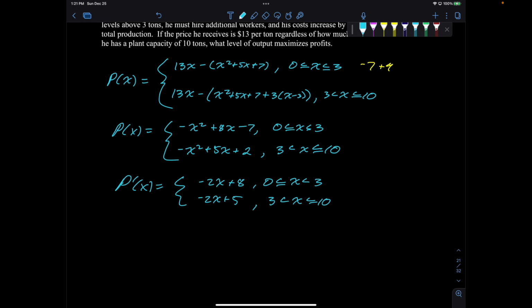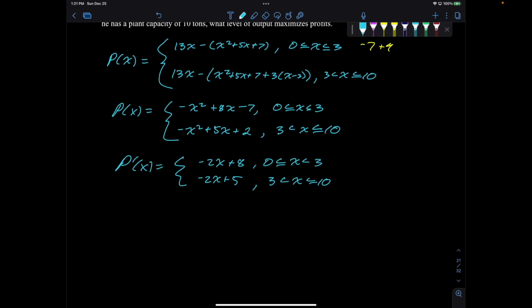So it's not differentiable at 3, so we do not want to include that. 3 is a critical point. Potential critical points: P prime equals 0. Let's say on 0 to 3 would be x equals 4, which doesn't work. It's not on the interval. On 3 to 10, it's kind of an interesting problem because of the piecewise part.